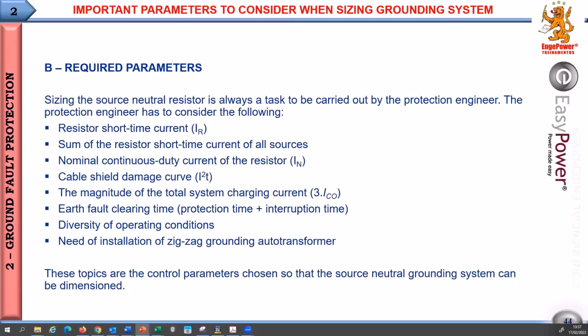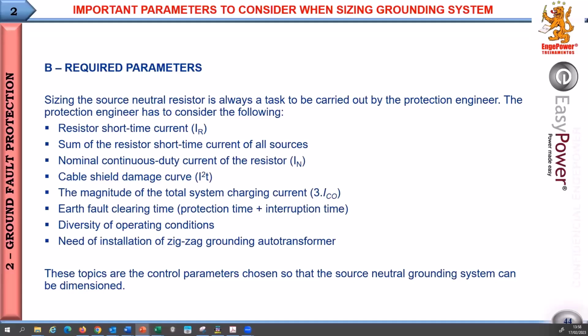How much current is the resistor able to carry continuously? That's the question. You have to buy the resistor with this continuous capacity, because when you provide a ground fault setting for a relay up to this value, if this current flows in the resistor, you are going to burn the resistor if it was not designed to withstand this.